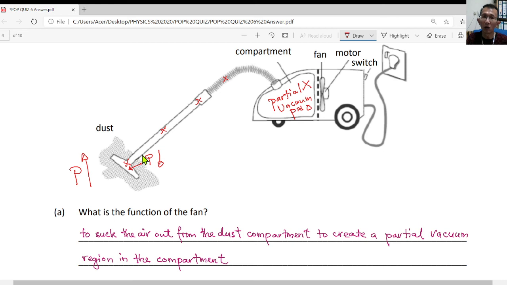So what happened? I have a difference in the pressure. This will result in a resultant force that will push the dust from outside into the nozzle, because the pressure always acts from high region to lower region. All right, that is the resultant force.